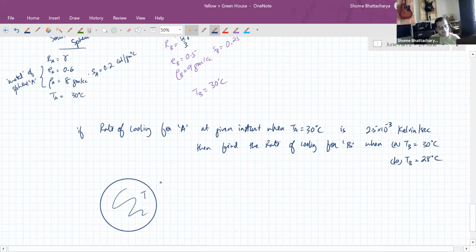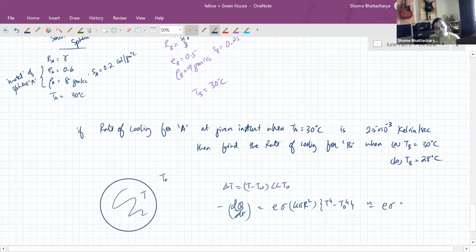So if this spherical body is at temperature T, and the surrounding is at temperature T naught, such that delta T, which is T minus T naught, is small compared to T naught, then this is equal to E sigma into 4 pi r square into T to the power 4 minus T naught to the power 4, which will then approximate as E sigma into 4 T naught cube into T minus T naught.